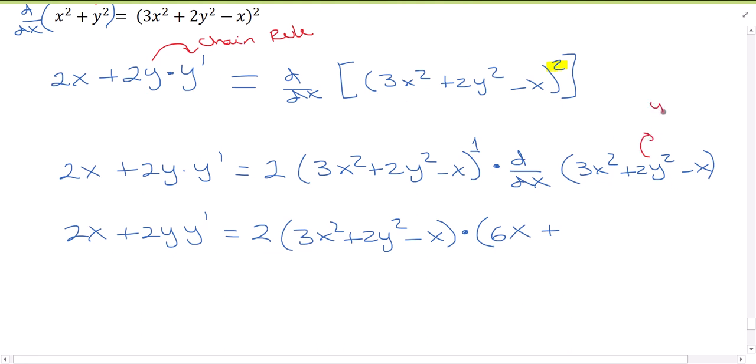So remember, y is implicitly a function of x, so that means we're going to use the chain rule there. Bring the 2 down, so that becomes a 4 times y to the first, and then by chain rule times the derivative of y, so times y prime, minus the derivative of x with respect to x, which is 1.